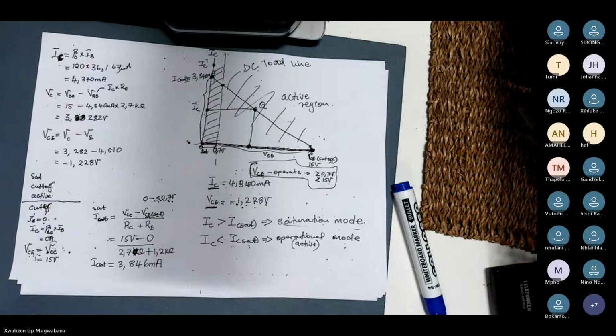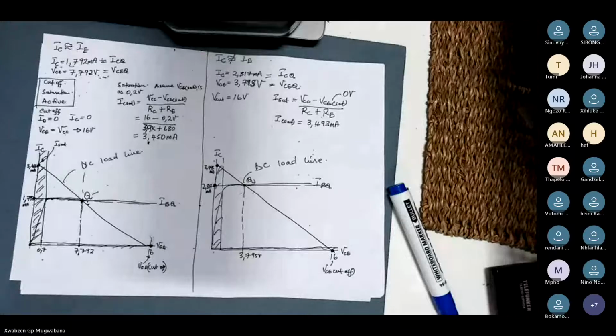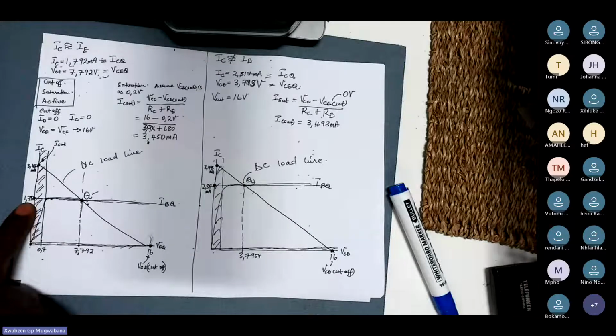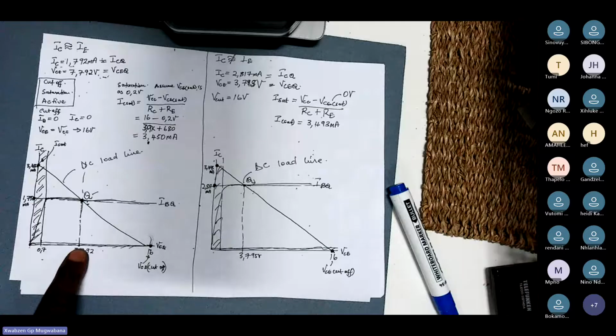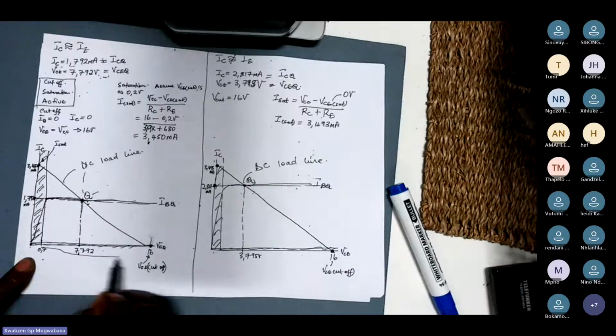Okay. Remember, that's why I said now you guys are making me angry, which means you're not listening. Guys, I said to you, remember, IC and VCE must have a relationship between these points.